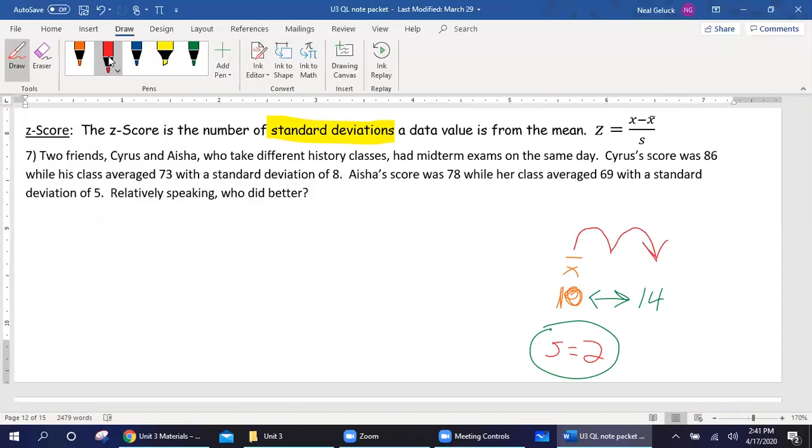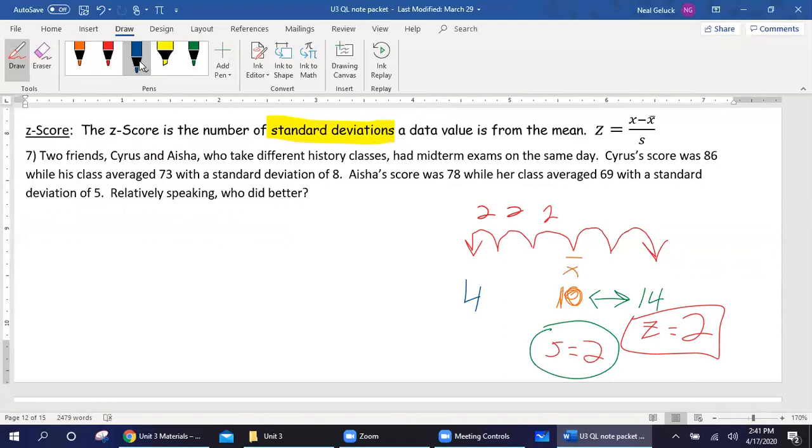The z-score for 14 would be 2 standard deviations. Now, if something is below, like let's say the data value was 4, 4 would be 1, 2, 3 standard deviations, because remember, each one of these hops is a distance of 2. If I'm below the mean, if I'm below the middle, then my z-score would be negative. And in this case, it would be negative 3, because it was 3 hops below. So just a little feel for what a z-score means.